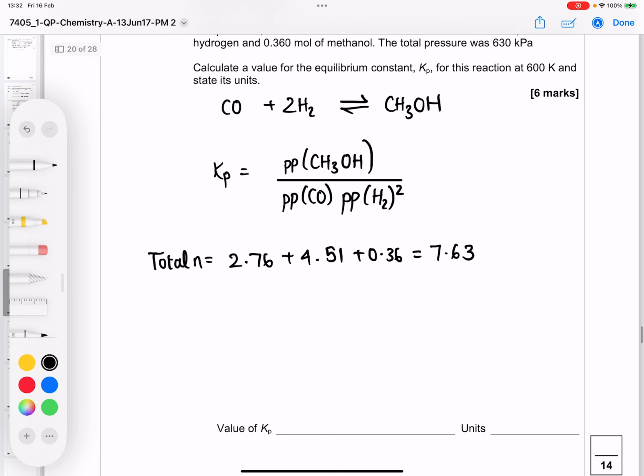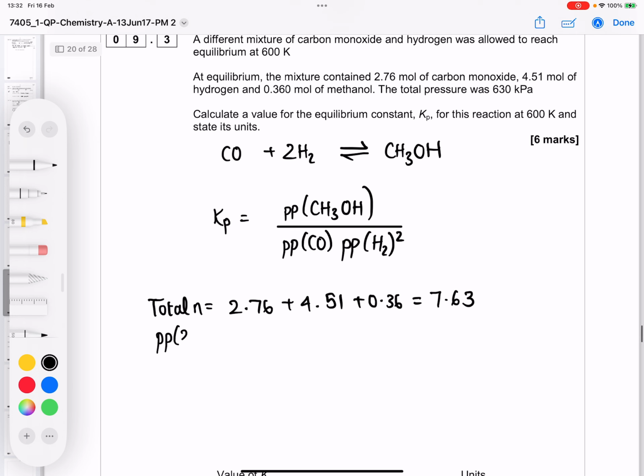Then we're going to work out the partial pressures of each thing. We'll start with the first one, carbon monoxide. 2.76 of the 7.63, and that's out of the 630 kilopascals total pressure, so 228.